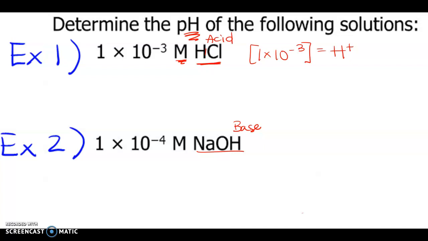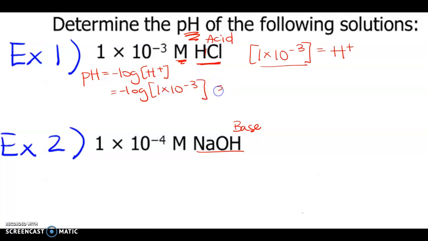To find pH, we know that the formula is pH equals negative log of the concentration of H plus. We just found out that H plus is this, just written in a different way. So from here, it's plug and chug: negative log of 1 times 10 to the negative 3rd. Make sure that you are able to get this in your calculator.